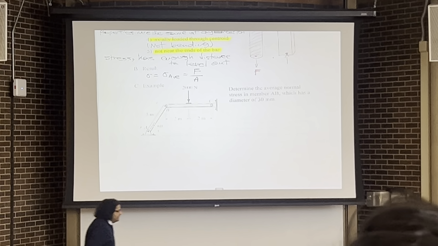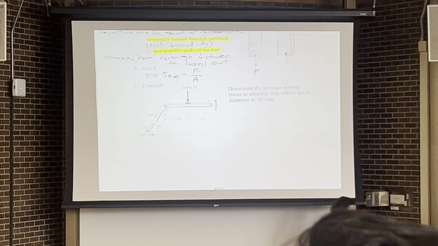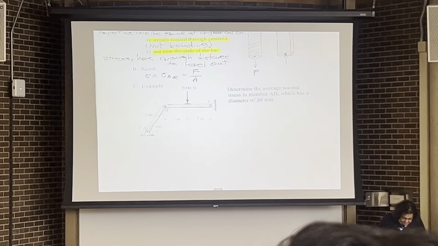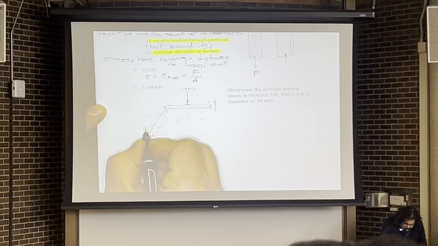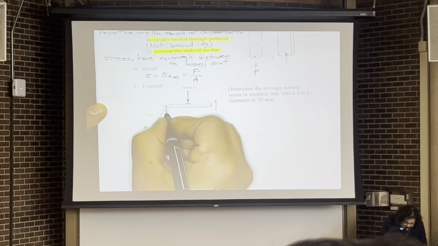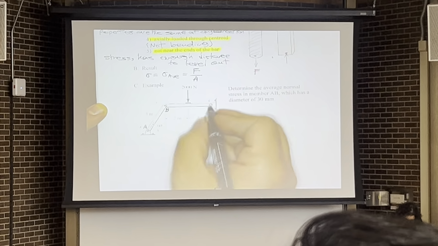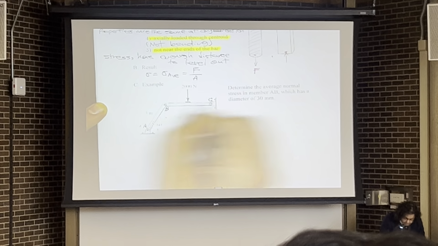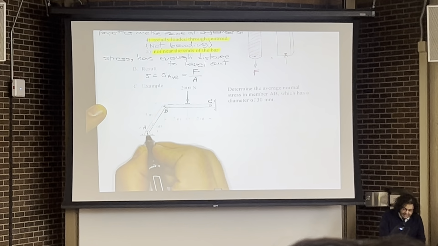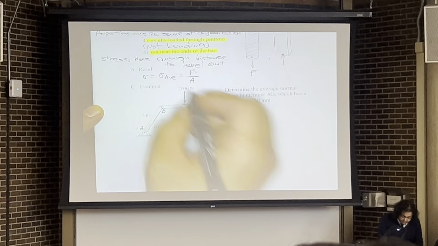Well, let me just make some of these letters clear. So we have clearly a pin support over here. This is point A. The bar AB is connected to the bar BC through this joint over here. And A is a pin support, C is a pin support.